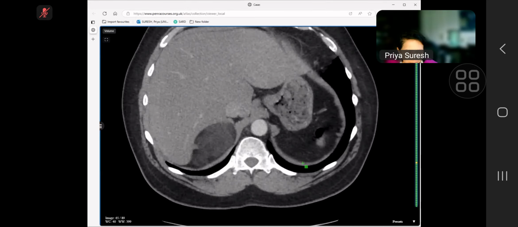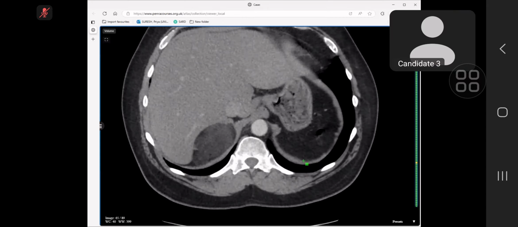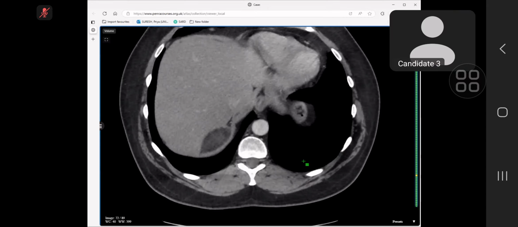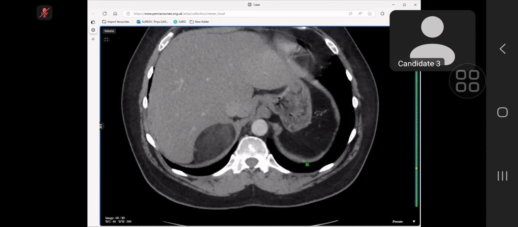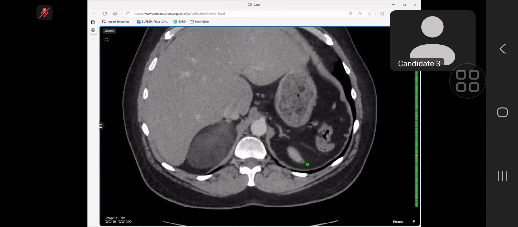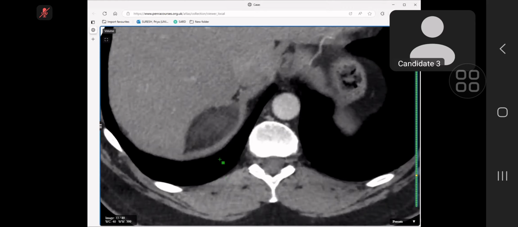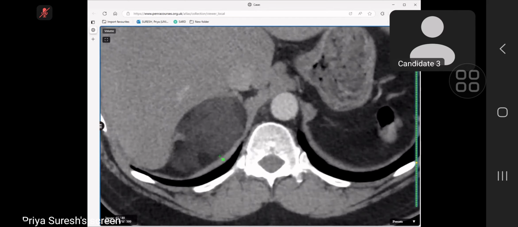Do you want to comment on that nodule that you're seeing? Yes, the outer aspect of the lesion, along its lateral border with the liver, is showing enhancement, which was not conspicuous on the plain images.